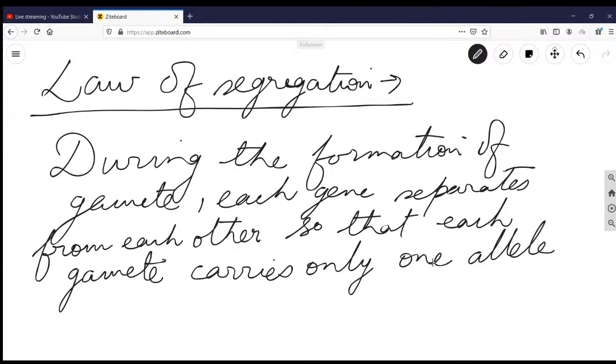One allele for each gene. That is the definition of law of segregation, and the application I'll tell you in meiosis part.